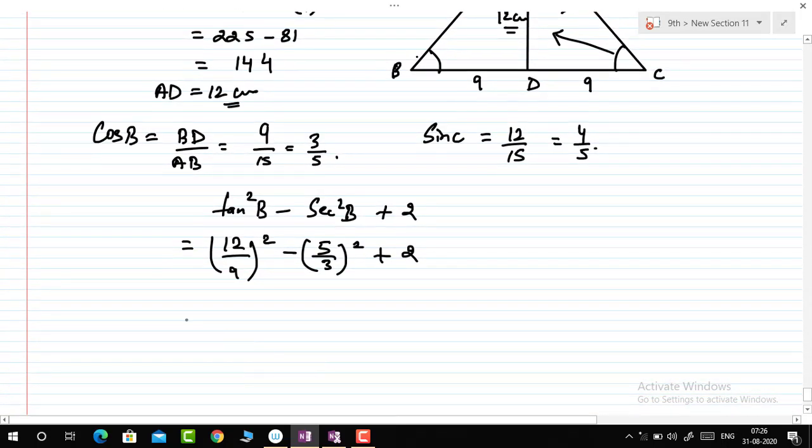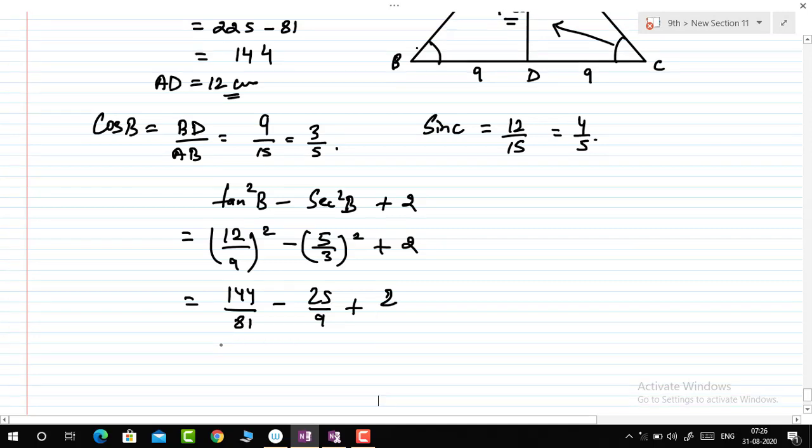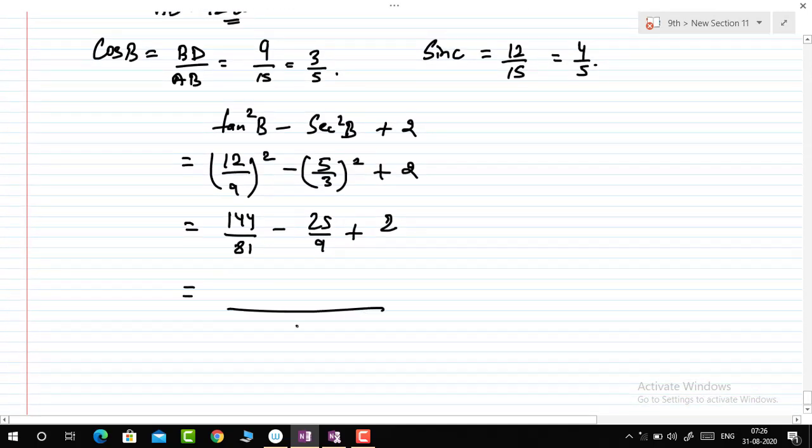Now we can solve it. 144 upon 81 minus 25 upon 9 plus 2. LCM will be 81. We will get 144 minus 25 into 9. Sorry, it will be 225 plus 81 into 2.